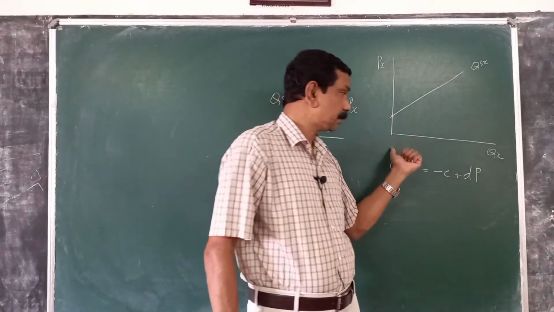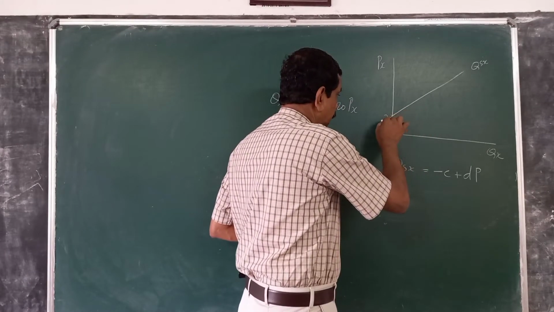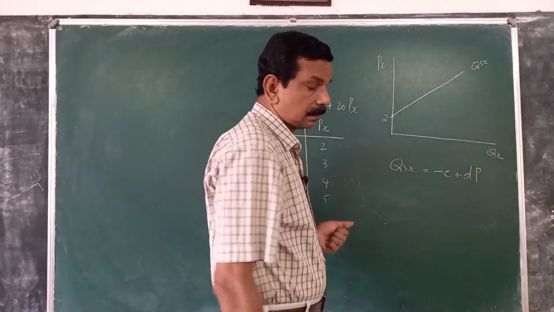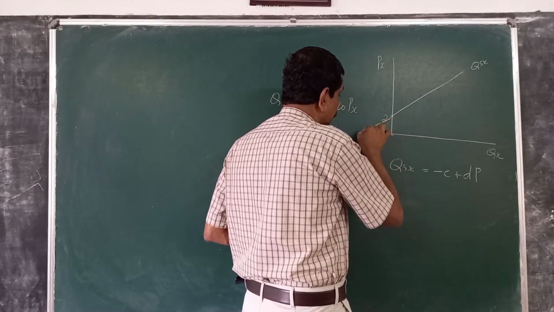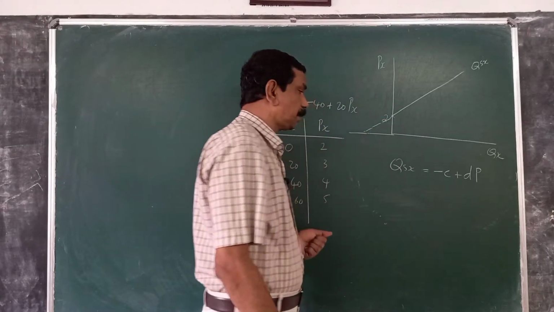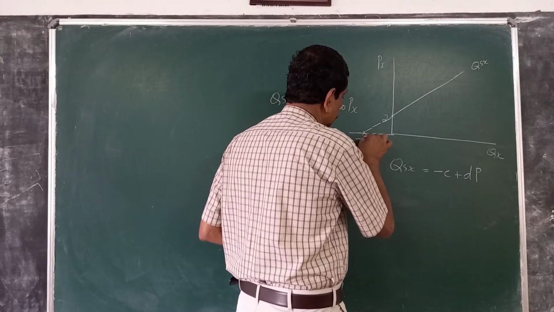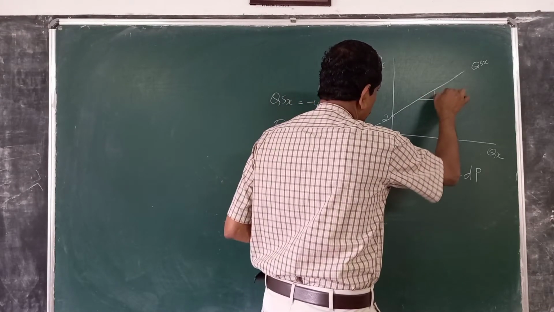As in this case, no supply will be forthcoming until price is 2. For price lower than 2, supply is negative, meaning no supply will be forthcoming. So in this case, this point is minus C and the slope is D.